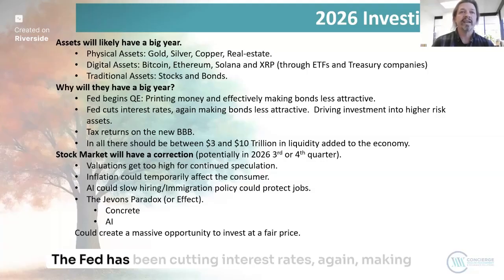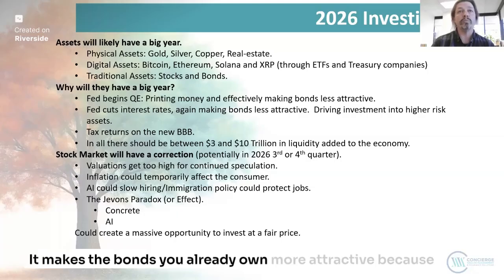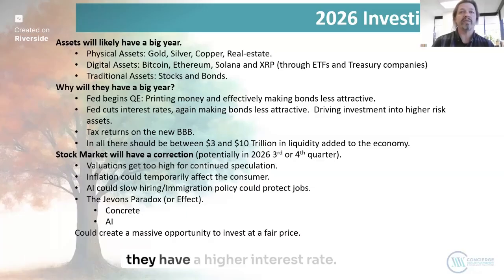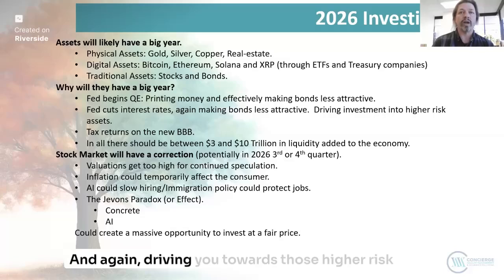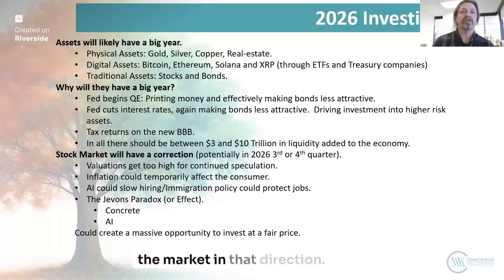The Fed has been cutting interest rates, again making bonds less attractive. It makes the bonds you already own more attractive because they have a higher interest rate, so that drives the price of those bonds up. And again, it drives you towards those higher risk investment assets. And when I say you, I don't mean you. I mean it drives the market in that direction.